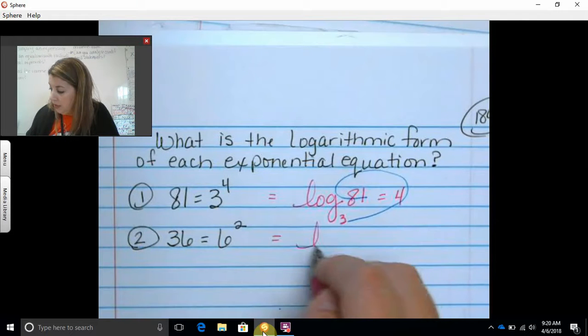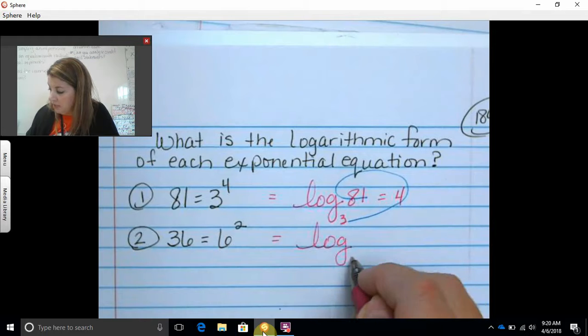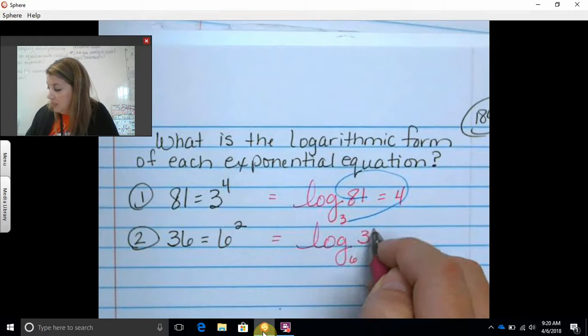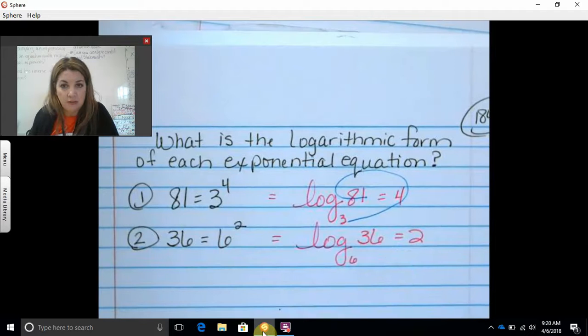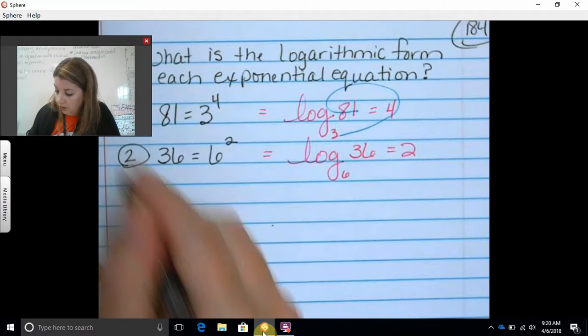That would be log base 6 of 36 equals 2. 6 squared equals 36? Yes, it does. Pretty difficult, right? This is not all that logarithms entail. There's a lot more than this. Just this is the base.